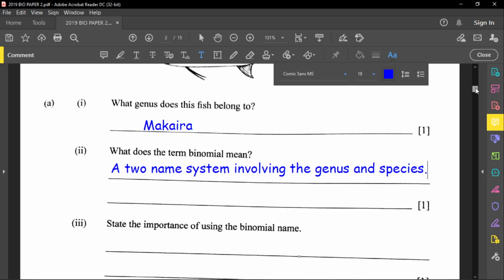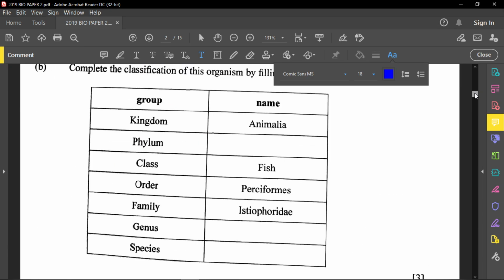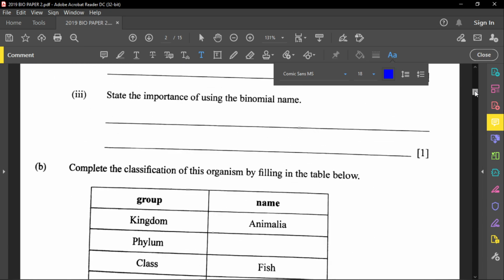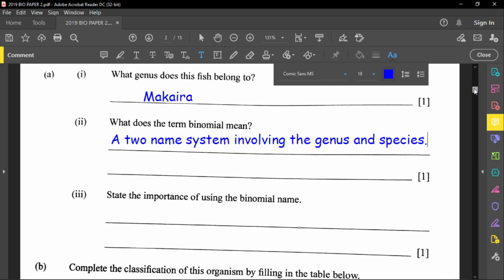The next part of the question asks us now to state the importance of using the binomial name. The binomial name is the same thing as a scientific name, and the scientific name is a universal name. And so therefore, it is used to prevent confusion. So anywhere you go in the world, this name will be the same. It's different from the common name, which can vary.